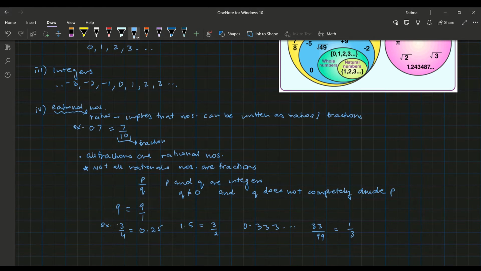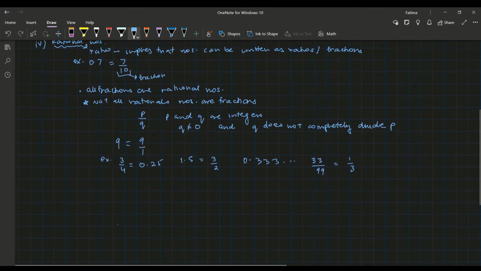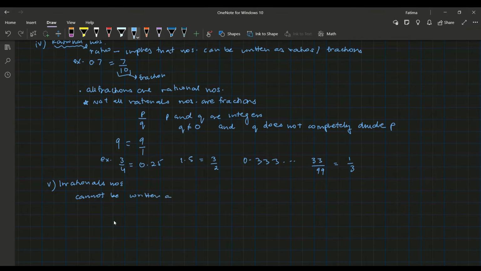So moving on from rational numbers, you have irrational numbers. This one is a bit simpler because in this case, these are all numbers that cannot be written as fractions. And I think the best way to know it is through example. So irrational numbers cannot be written as fractions.